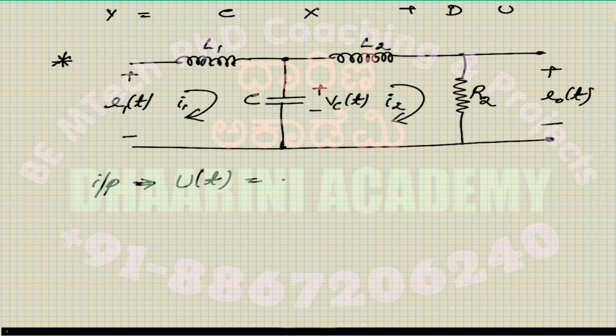In this case it is EI of t, not E1, so please change that. The standard representation for output is y of t, but in this case it is E naught of t, the voltage across the resistor R2.